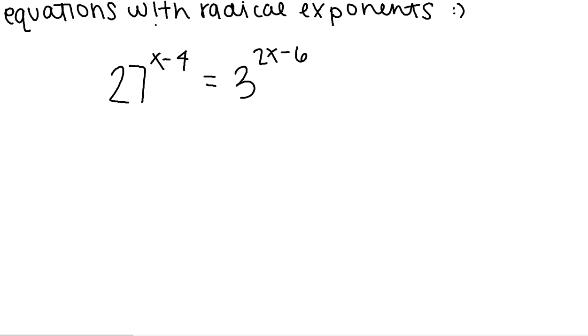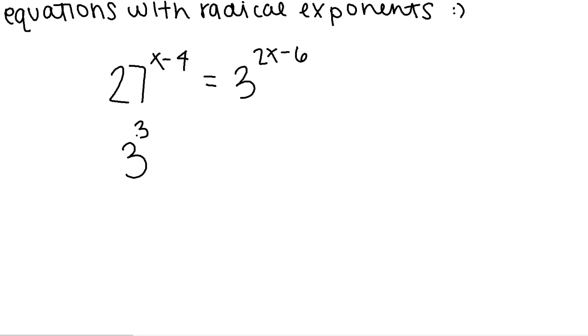The only way that this problem will work for us is if we can somehow turn this base 27 into a base 3. So my question for you is, how can I rewrite 27 with a base 3? And hopefully you guys will be able to come to the conclusion that I could say 3 to the third power.